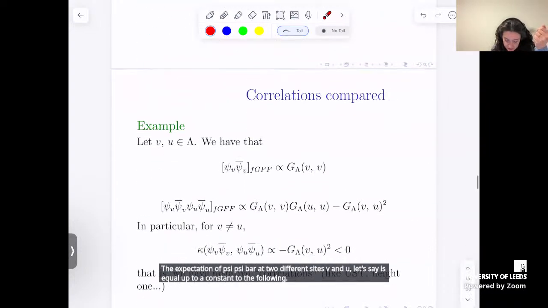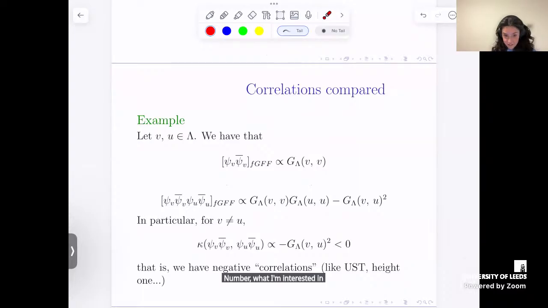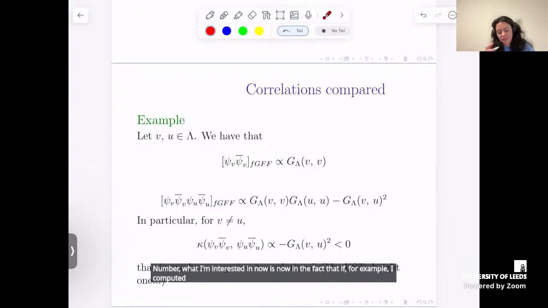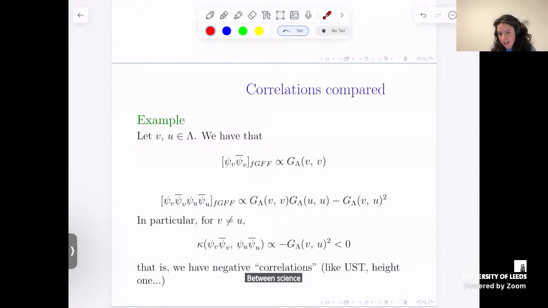What I'm interested in now is that if, for example, I compute the cumulant, which is the analog of the covariance between psi and psi bar at v and u, what I'm going to get is a strictly negative number.